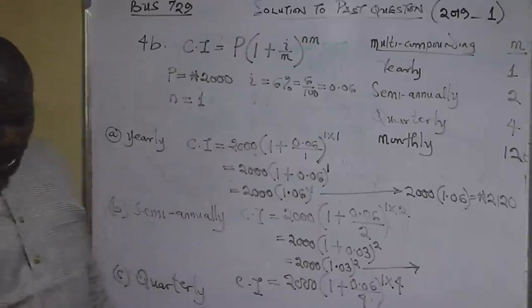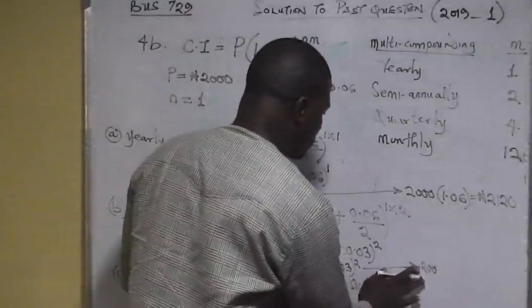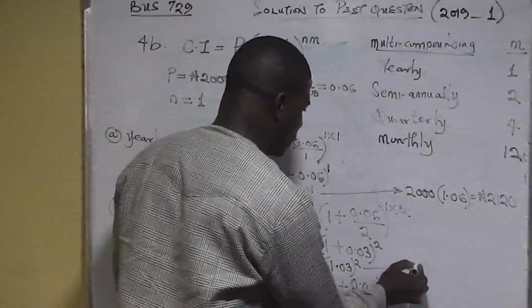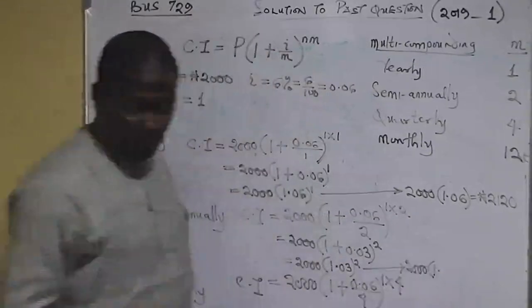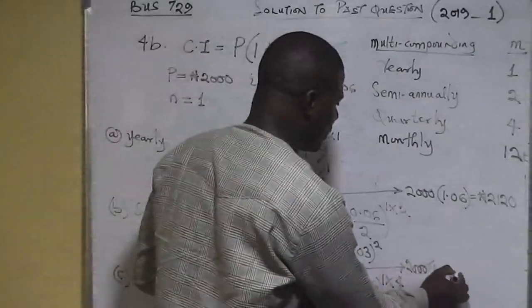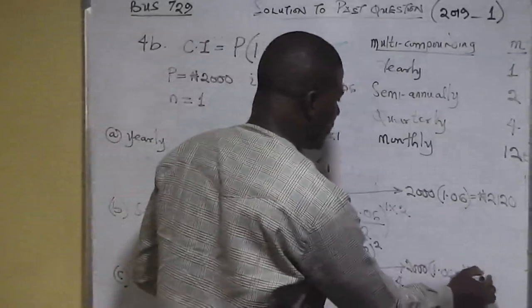So what I'm going to have will now be 2000 into bracket 1.0609.